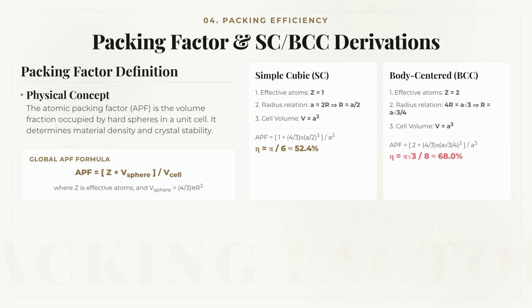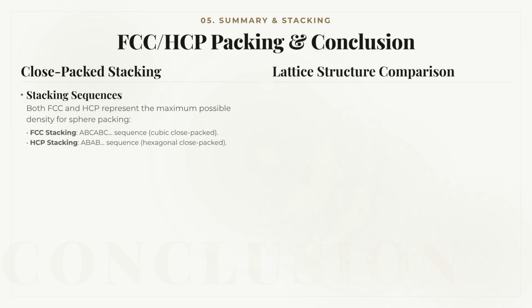For the face-centered cubic structure, there are 4 atoms per unit cell. The atoms touch along the face diagonal of the cube. The face diagonal is equal to √2 times a. Since the face diagonal contains 4 atomic radii, we have 4r equal to √2a. This gives the edge length a equal to 2√2r.